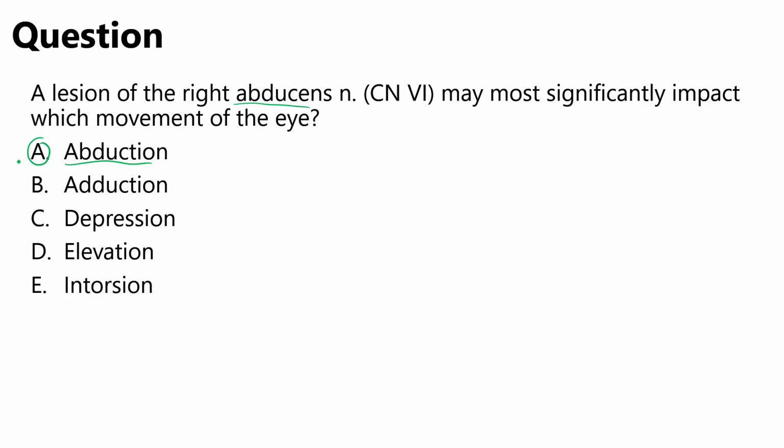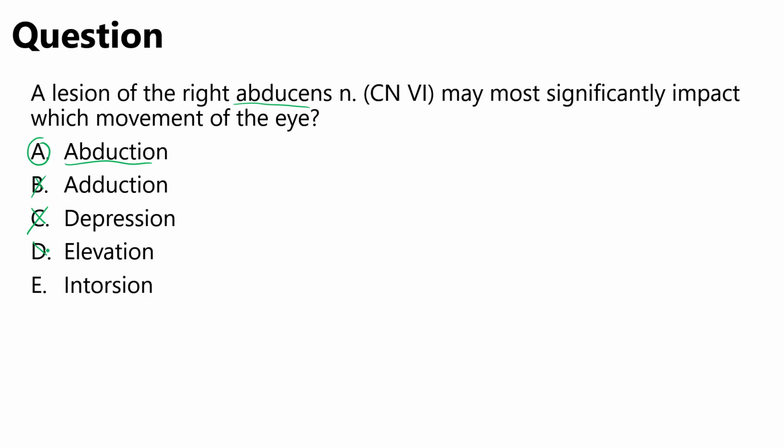Adduction of the eye would be, in its most pure state, the medial rectus, although there are also components of superior and inferior rectus. That's not it. Those are all innervated by 3. Depression of gaze would be inferior rectus or superior oblique. So that would be 3 or 4. Elevation of the eye would either be superior rectus or inferior oblique.